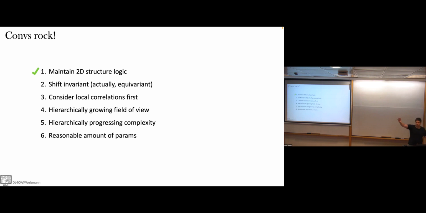The filter moves, it doesn't care. It's the same weights. I move everything, it is the same thing. Excluding boundaries, but don't be like this. Does this consider local correlations first? Yes, it does. And we just saw that it has this hierarchically growing field of view, this receptive field.